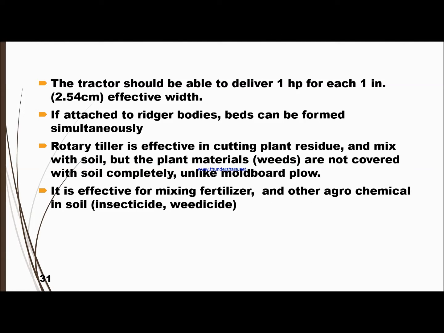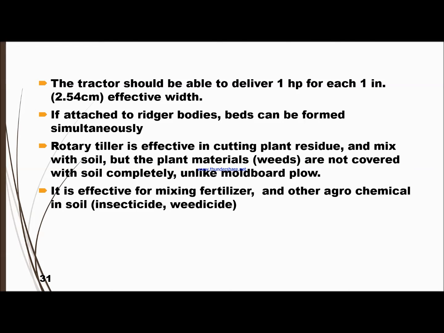The tractor should be able to deliver 1 horsepower for each 1 inch of effective width. So you can calculate, 1 inch is about 3 or 4 centimeters, so you're able to estimate the horsepower requirement of the tractor.